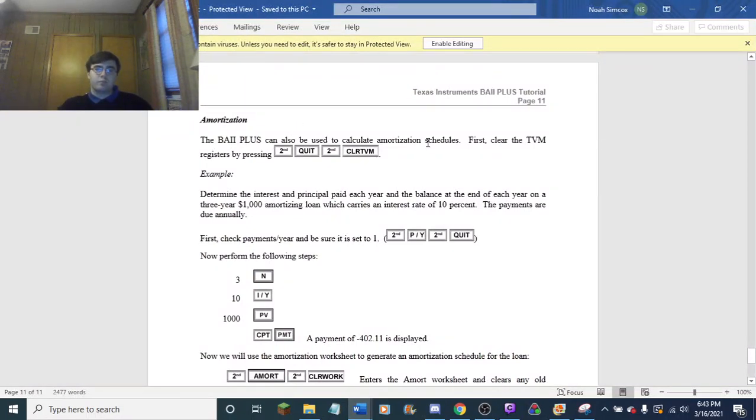Okay. Clear the TVM. Determine the interest and the principal paid each year and the balance at the end of the year on a 3-year $1,000 amortizing loan, which carries an interest rate of 10%.